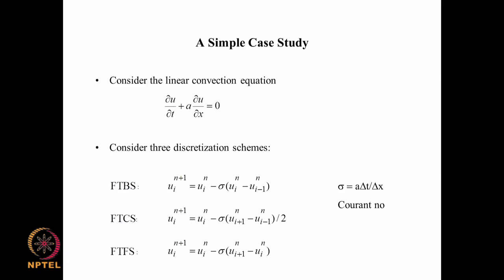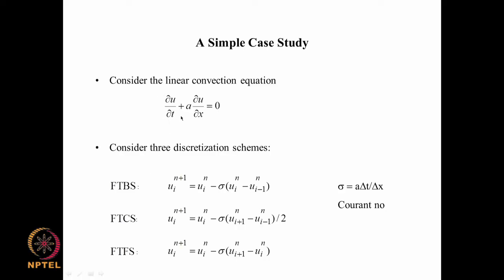Okay. So we are considering 3 discretizations which will enable us to make a solution. They are somewhat similar, but also different, and we would like to see whether all 3 will give us the same solution. The first discretization is what we call forward in time and backward in space, the FTBS scheme.